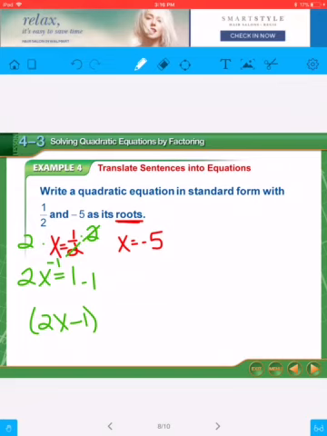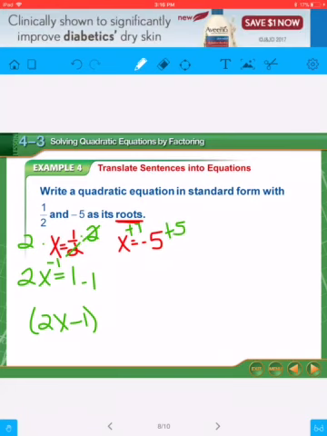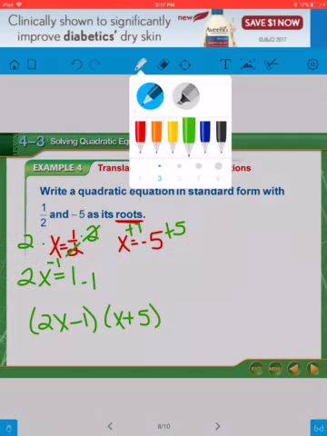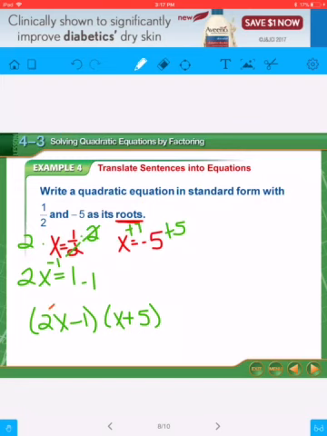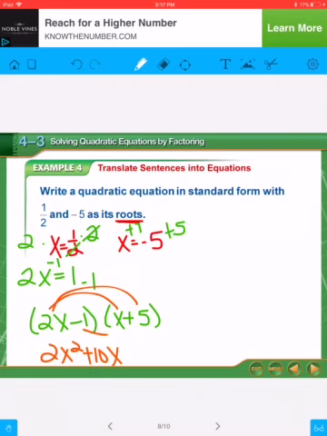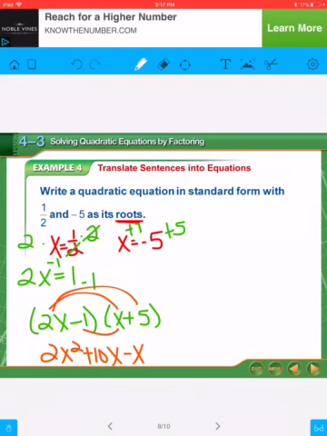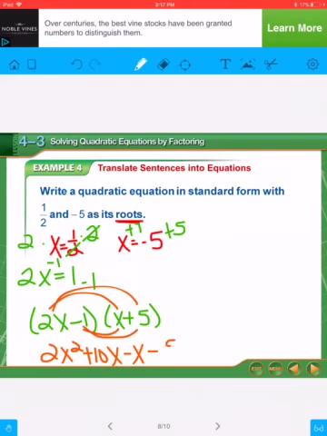My second one, x equals negative 5, so I'm just going to add 5 to each side. So my second factor is x plus 5. Now that I have them in factored form, I can FOIL them together. So 2x times x is 2x squared. 2x times 5 is plus 10x. Negative x times 1 is negative x, and negative 1 times 5 is negative 5.